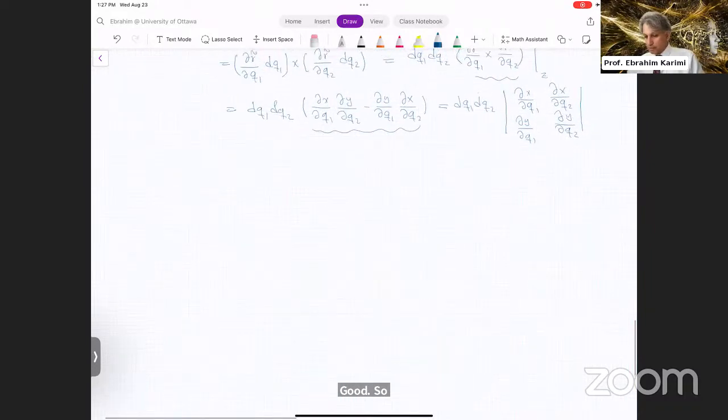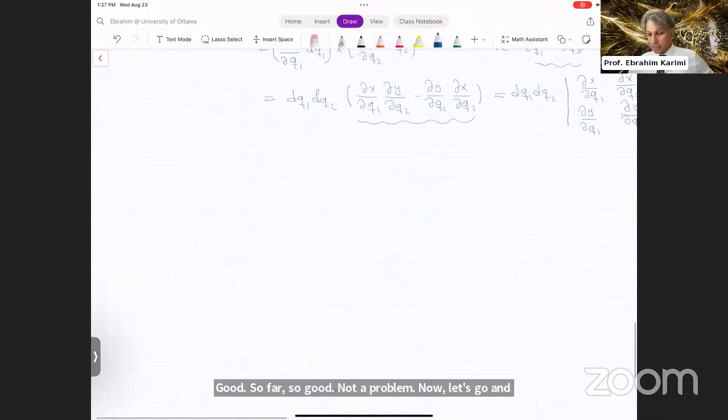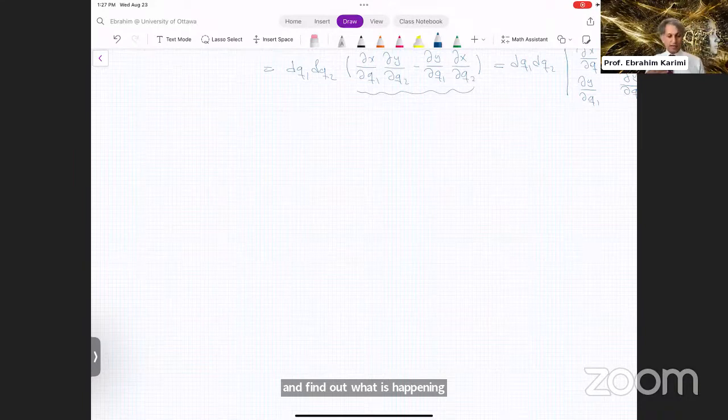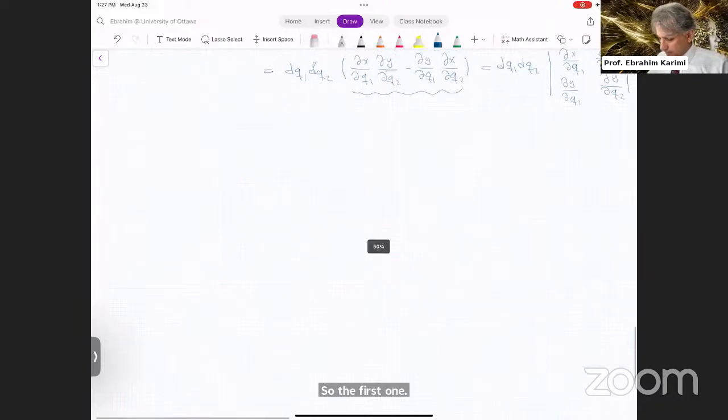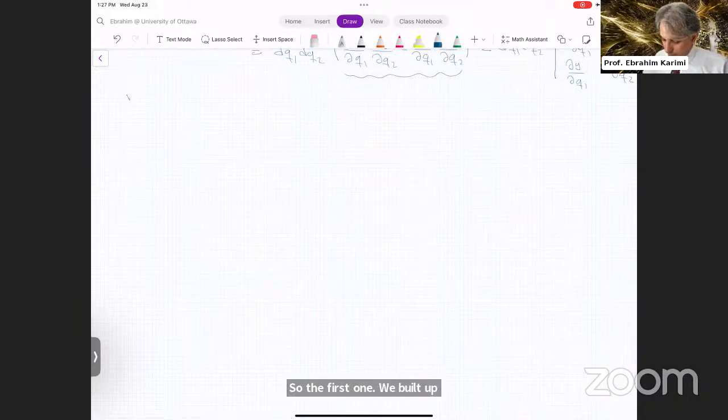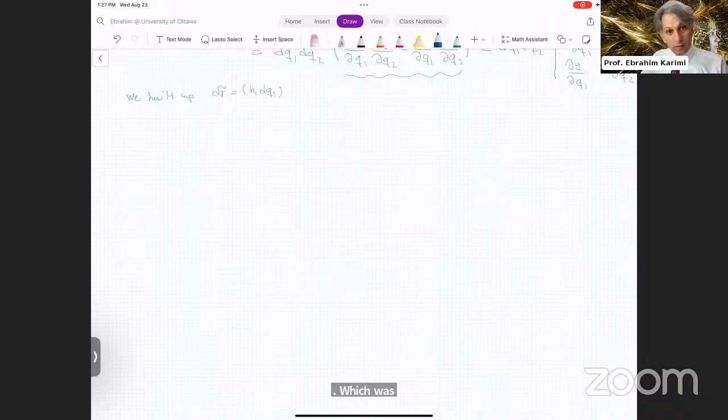Now let's go and find out what is happening with the three main derivatives that we were dealing with. So the first one, we built up dr, which was h1 dq1, yes, this is what we have done.